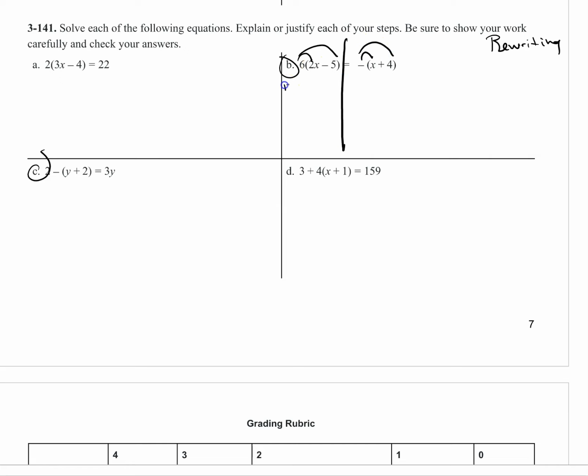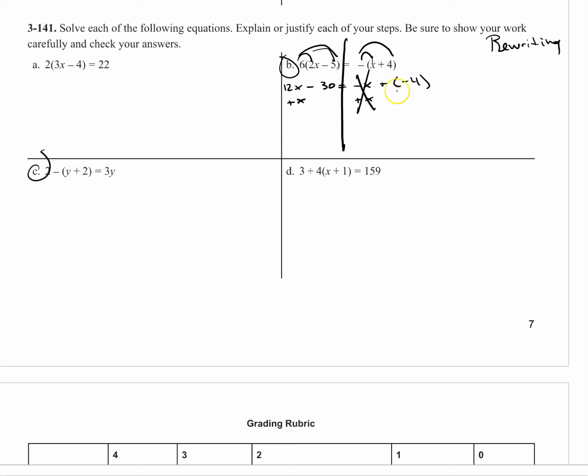6 times 2x is 12x minus 6 times 5 is 30. Negative x plus negative 4. We've got an x on each side, so pick the smaller one. Make it cancel by adding x. Adding x to each side.